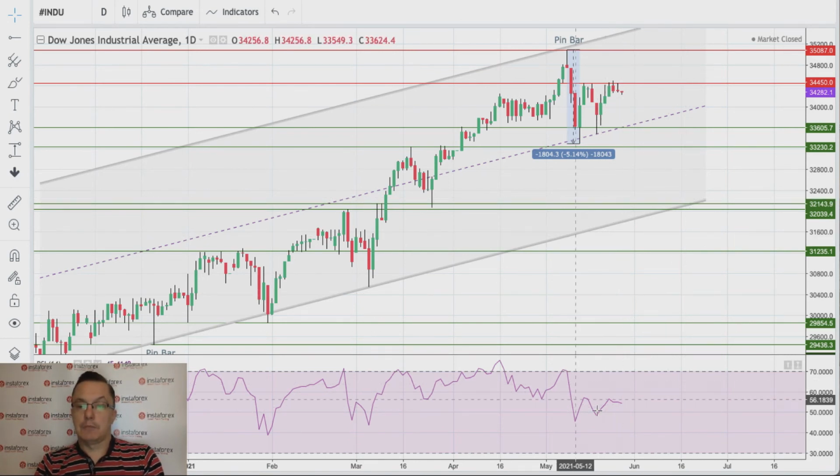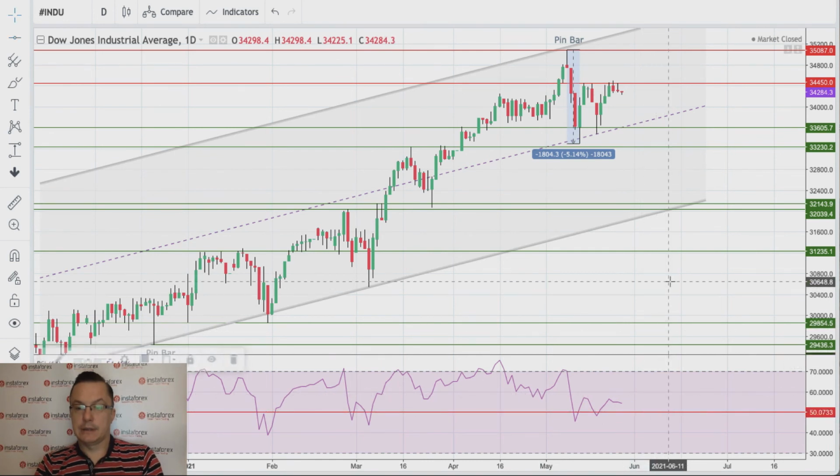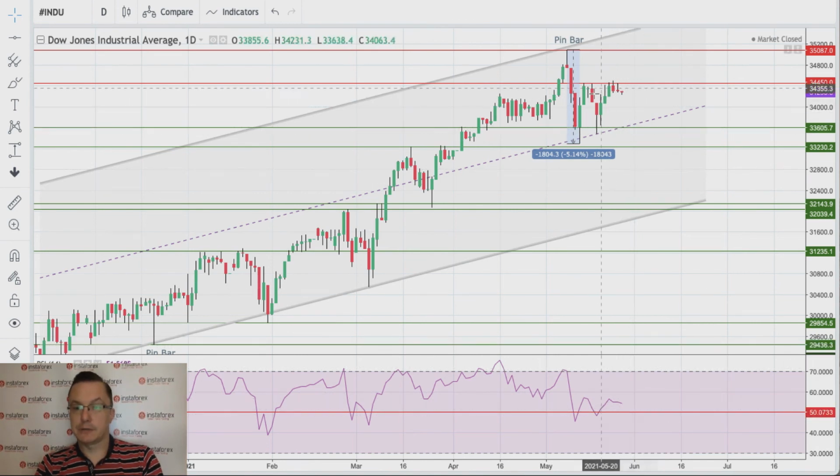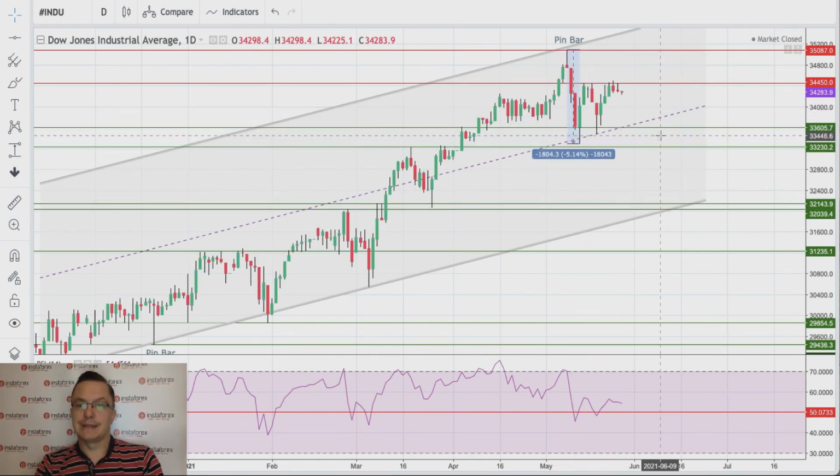Momentum is still positive, but please notice how we bounce from 45 and 47 points, and if we put our line over 50 here, we can see that the momentum is going closer to the neutral level. The neutral level will be somewhere around the middle line and the level of 33,605.